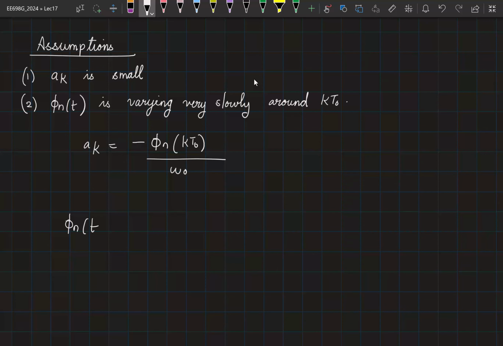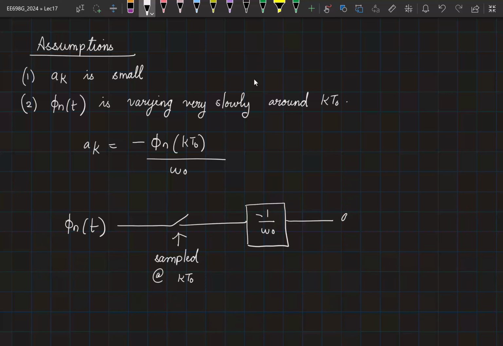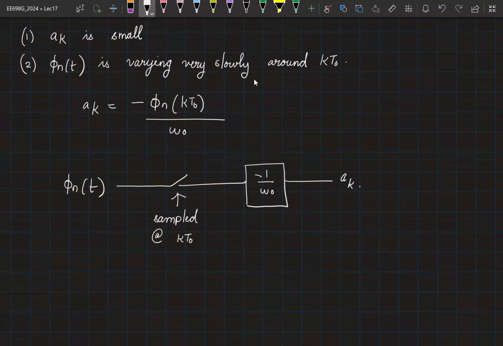I take my phi n of t, I have to sample this, so this is sampled at Kt naught, and then I scale it with minus 1 by omega naught, and this gives you the sequence Ak. I can also represent this as minus phi n of Kt naught divided by 2 pi by t naught, just replacing the omega.